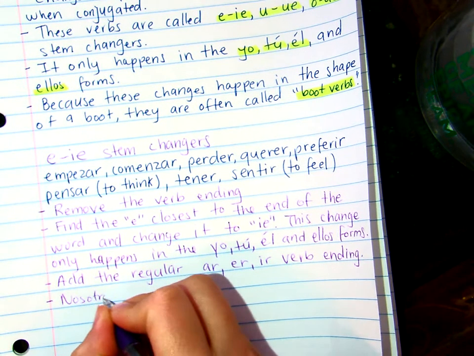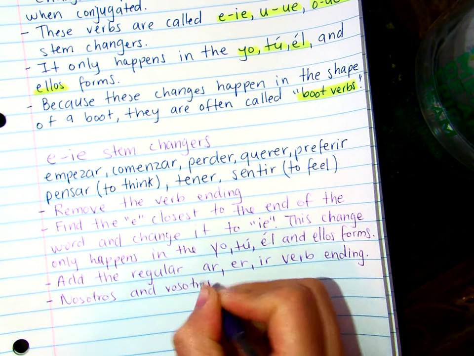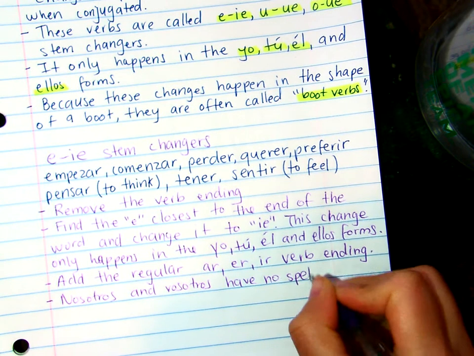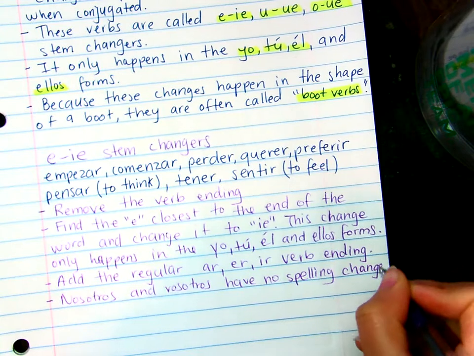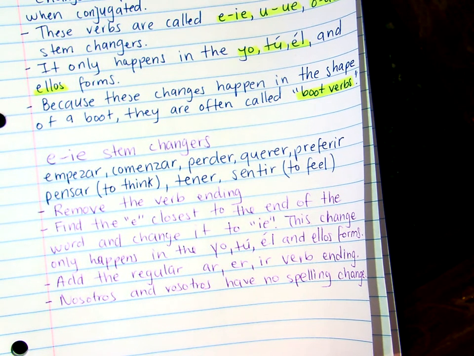Nosotros and vosotros have no spelling change. All right, so nosotros and vosotros don't have a spelling change. Let's see what that looks like.